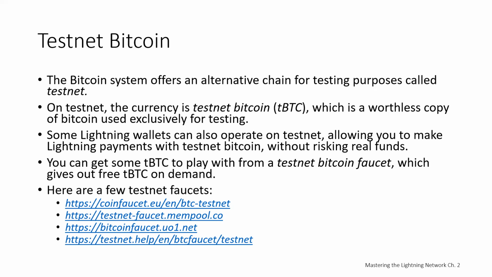Some Lightning wallets also operate on testnet, allowing you to make Lightning payments with testnet Bitcoin without risking real funds. You can get some TBTC to play with from a testnet Bitcoin faucet, which is a software application on the internet which, if you make a request, will send some testnet Bitcoin to your Bitcoin address.